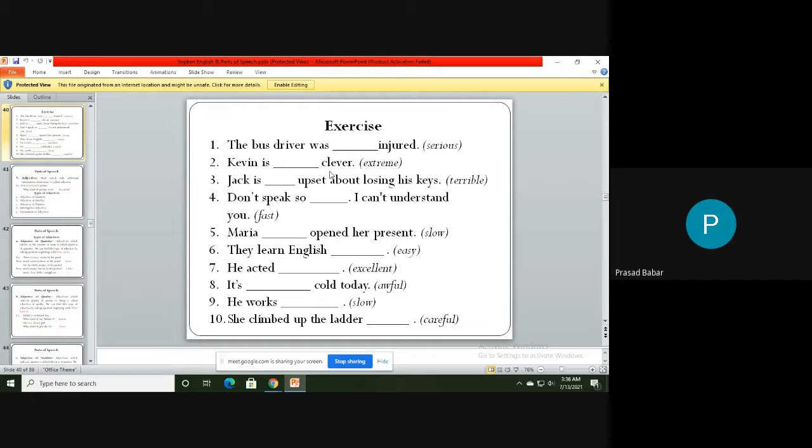Verb has 2 types. First is auxiliary verb, second is main verb. Auxiliary verb has 3 types: to be form, to do form, and to have form. The second type is modal auxiliaries. They are can, could, may, might, must, need to, dare to, used to, ought to.